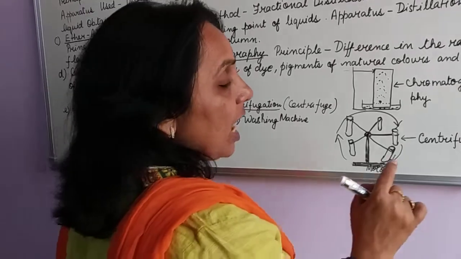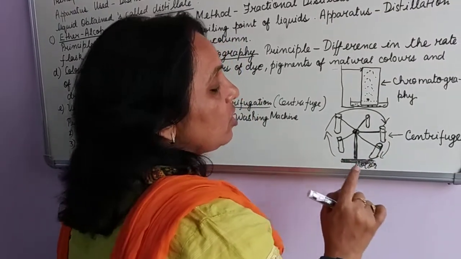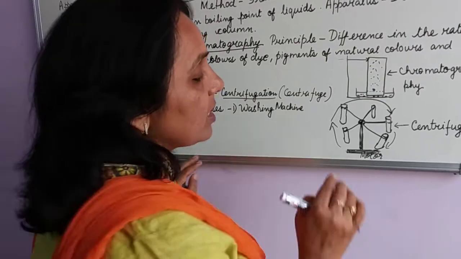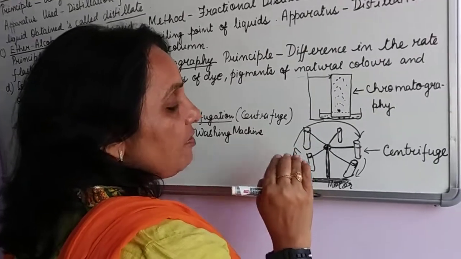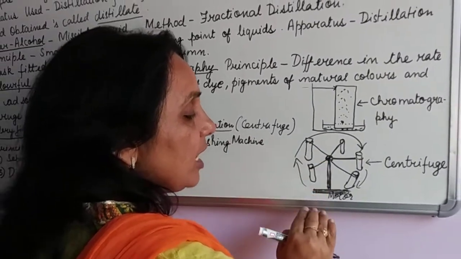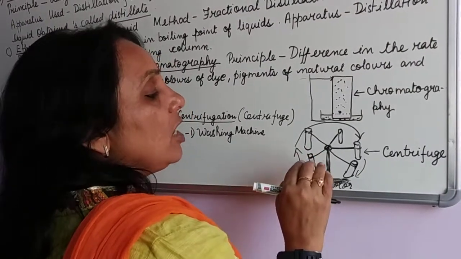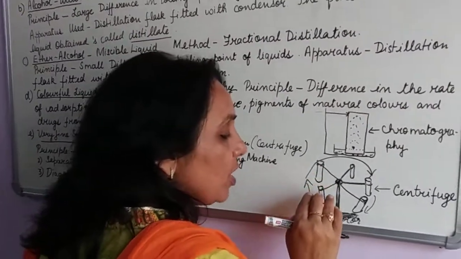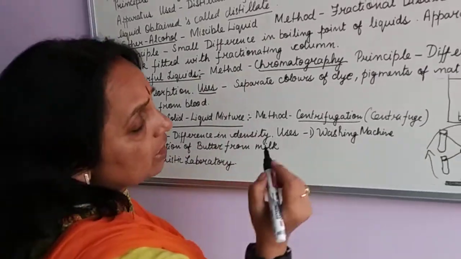And when this is done for a minute or two, and after that when we switch off the machine, it is noticed that the lighter particles, that is the cream, are separated from the heavier particles, which settle down, and the lighter particles start floating. So the cream will start floating over the milk. So where do we use this centrifugation machine?